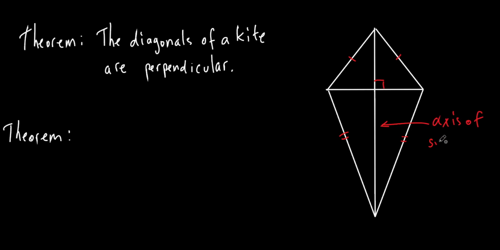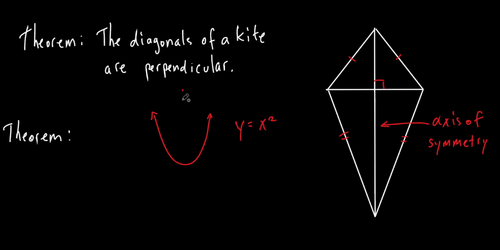Sounds fancy, doesn't it? Yesterday, in my Algebra 2 class, I actually talked about the axis of symmetry. It didn't have anything to do with a kite. It had to do with, here, I'll just draw it. We are graphing stuff that looks like this. Isn't that crazy looking? That's what we're graphing, instead of just straight lines. We've graphed straight lines in here, y equals mx plus b. This is like y equals x squared.